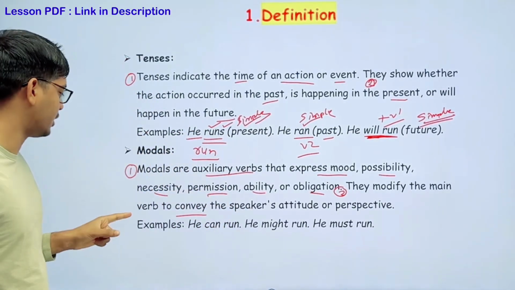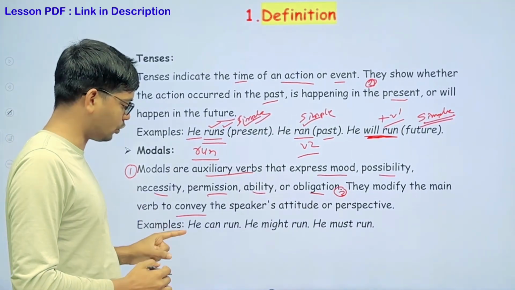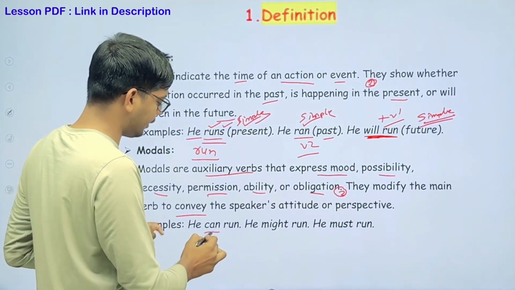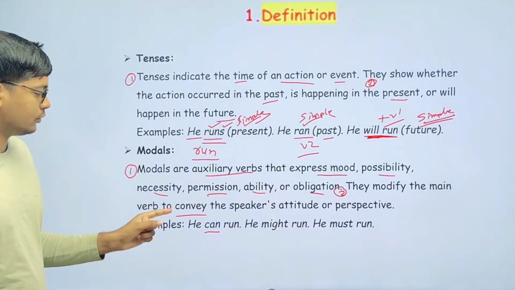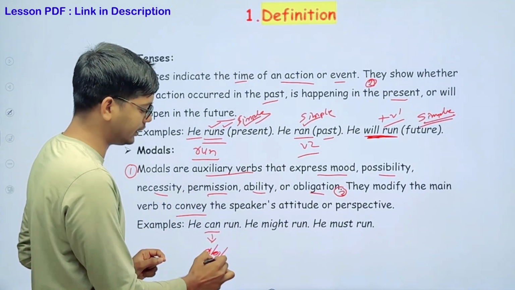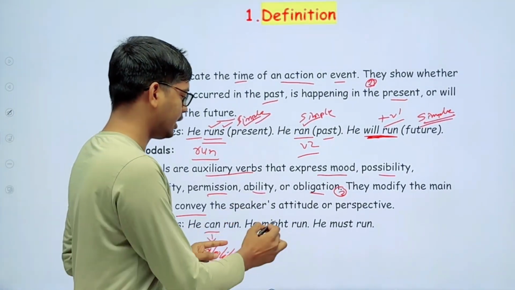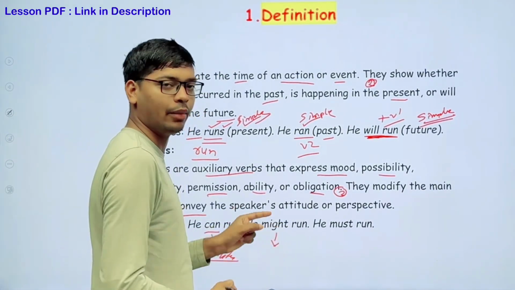Next, here are examples of modals. He can run. Here, can shows ability. Next, he might run.